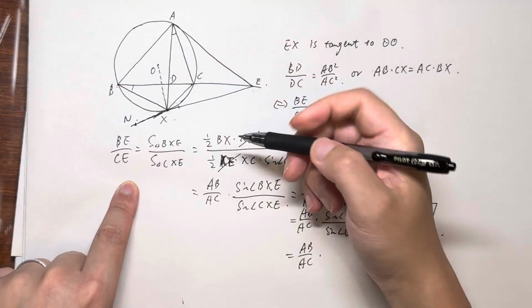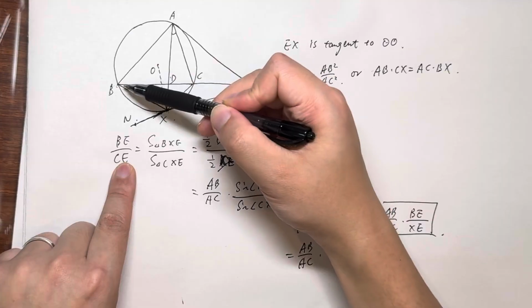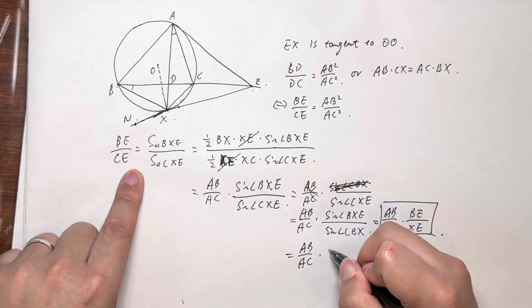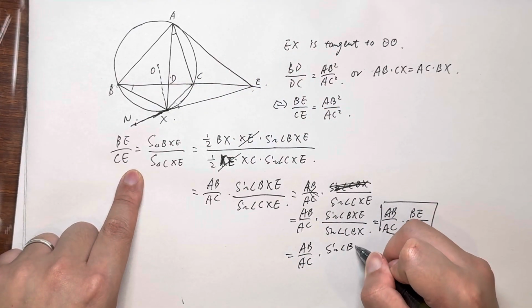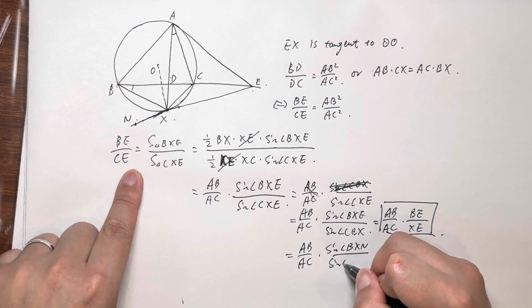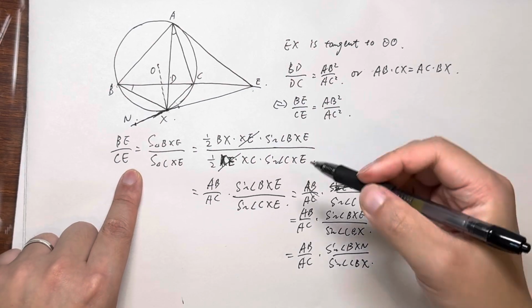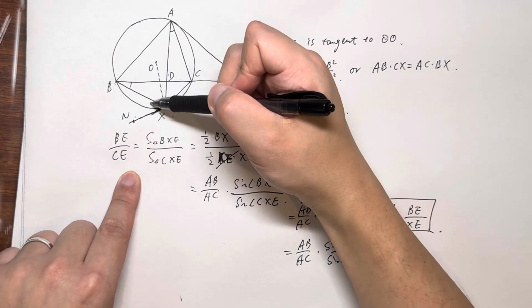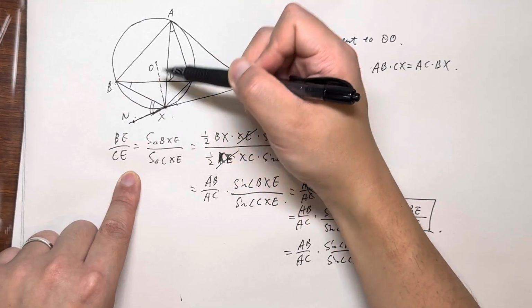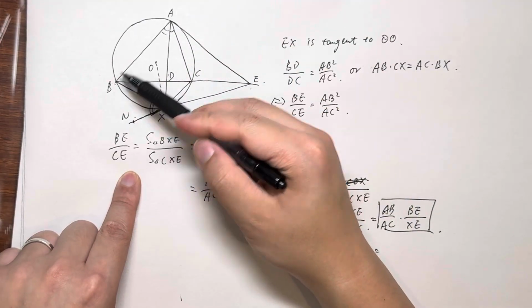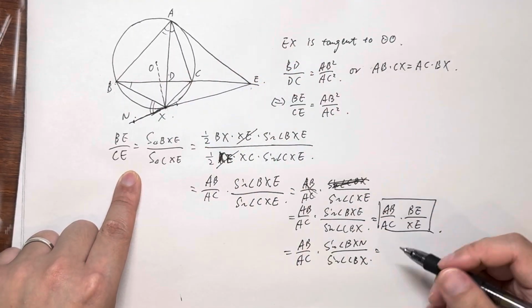Let's call it point N. The sine BXE equals sine BXN, right? So sine angle BXN to sine angle CBX. That's easier. And angle BXN, this angle, equals this angle, the angle BAX.